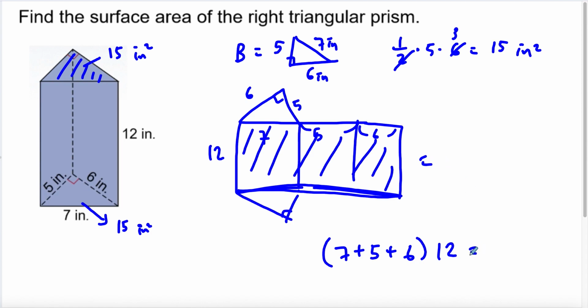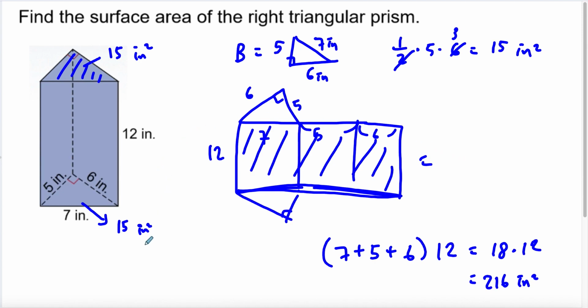right? So how do we get that? 7 plus 5 plus 6 is, what is it? 13, 18. 18 times 12. What is 18 times 12? I'm going to get my calculator. 18 times 12 is equal to 216 square inches. So we have an area of 216 square inches and 15 square inches together with these triangles.